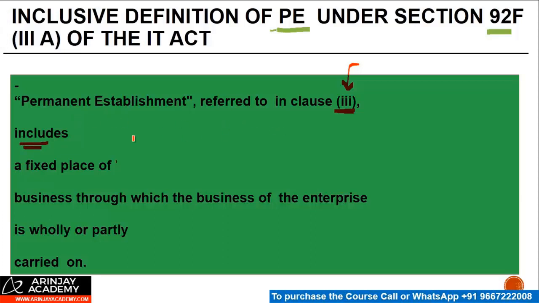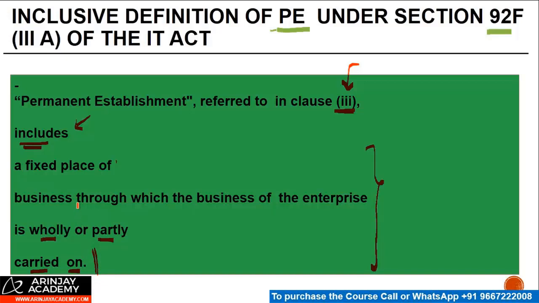It says PE includes a fixed place of business through which the business of the enterprise is wholly or partly carried on. We will discuss these terms as we discuss the concept of PE, as to what a fixed place is and what "carried on" means, and things like that.